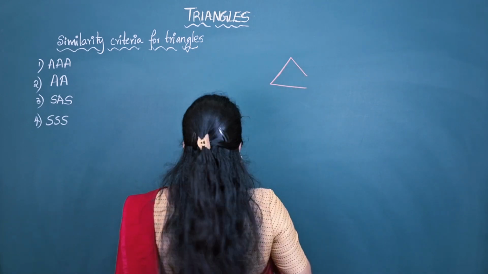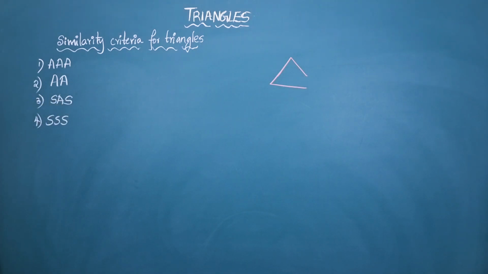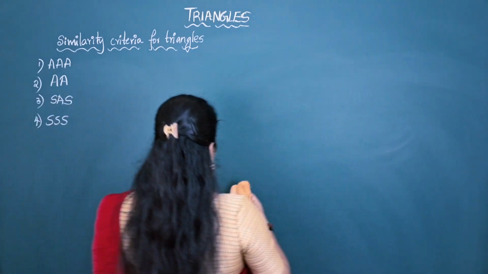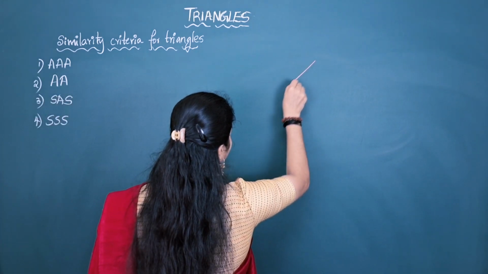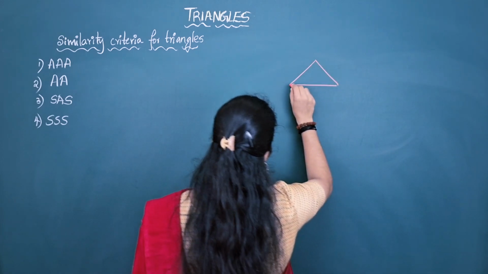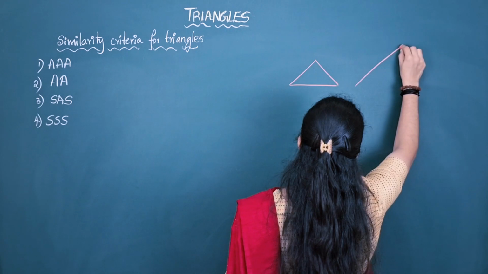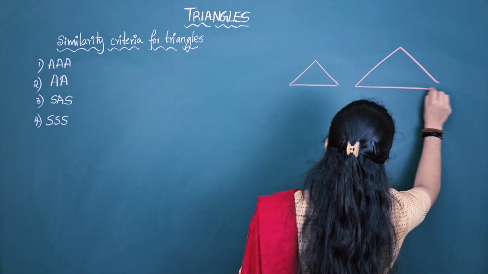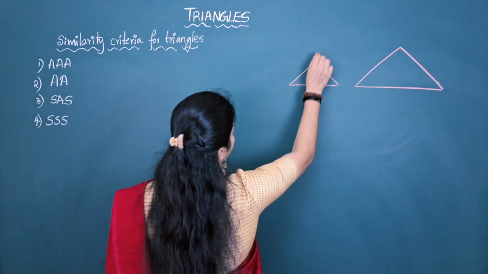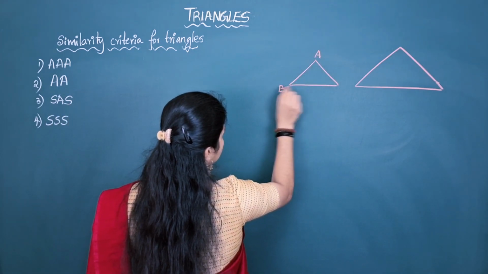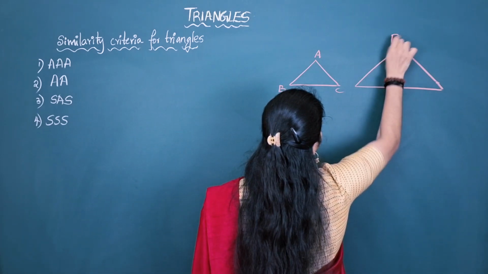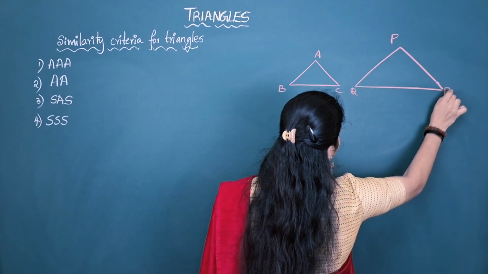So, this is triangle 1. And the second triangle. We have triangle ABC and the second triangle I'll consider it has PQR.